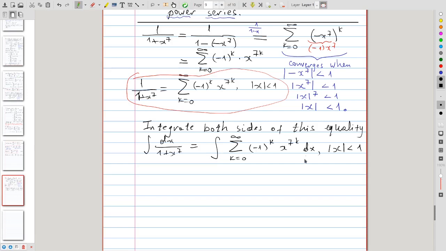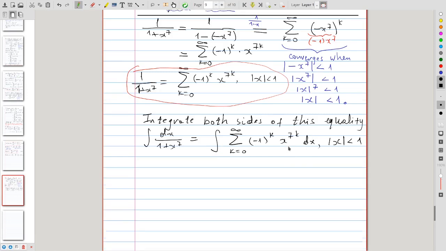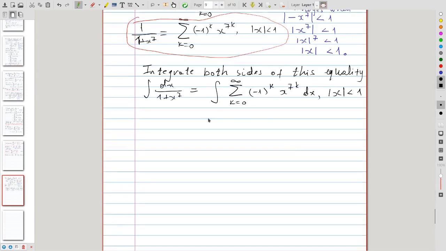Now, by the theorem about integration of power series, we know that to integrate a power series, all we have to do is to integrate every term separately. So this expression in the right-hand side is the same as the infinite sum from 0 to infinity of the integrals of minus 1 to the k times x to the 7k dx.